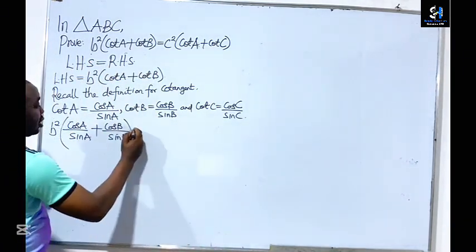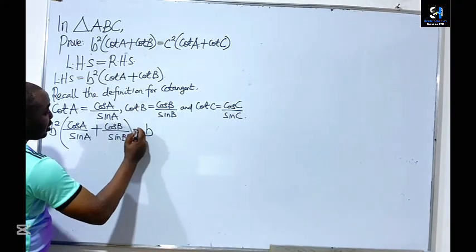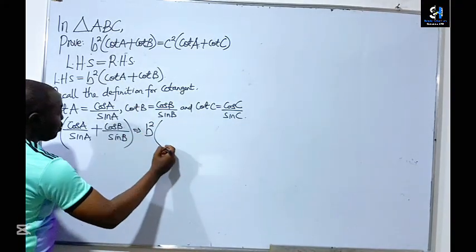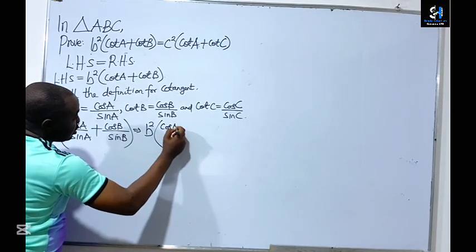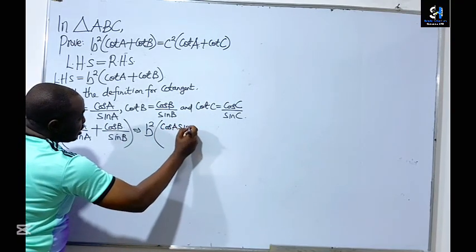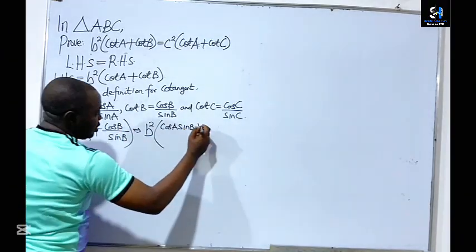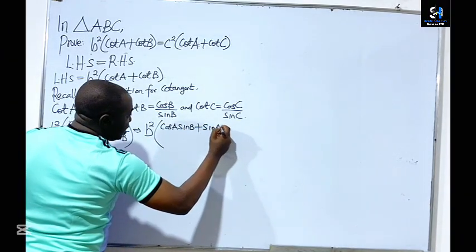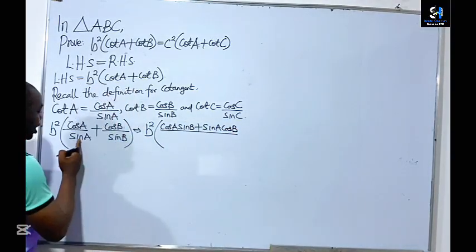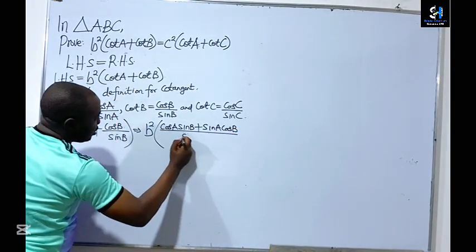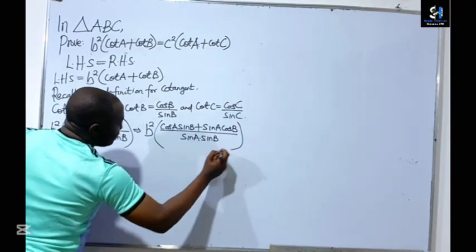To simplify this, first write b squared (cos A multiplied by sine B, that will be cos A sine B, plus sine A multiplied by cos B, that will be sine A cos B) all over sine A multiplied by sine B, that will be sine A sine B.